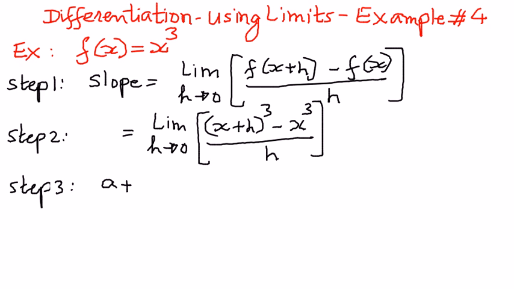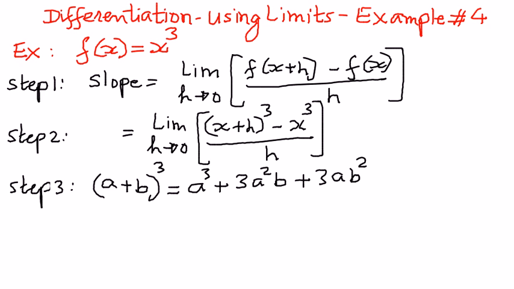If we have (a plus b), the whole thing raised to the power of 3, we can write this out as a cubed plus 3 times a squared b plus 3ab squared plus b cubed. That is the expansion for (a plus b), the whole thing raised to the power of 3.